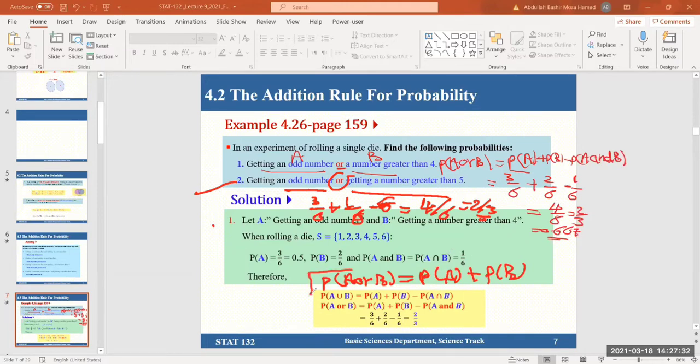In general, if we have A and B and C and D and so on, all mutually exclusive or disjoint events, then P of A or B or C or D and so on equals the summation of these probabilities. Clear?